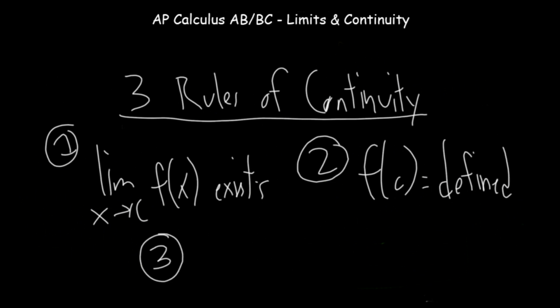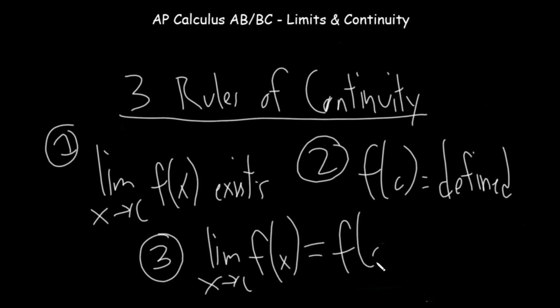And third, the limit as x approaches c of f of x is equal to f of c. These are the 3 rules of continuity. If all 3 of these are met, then that makes a function continuous.